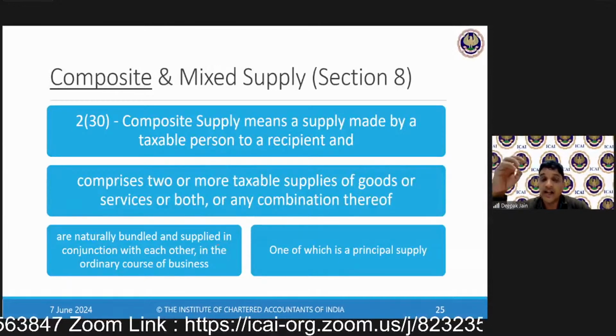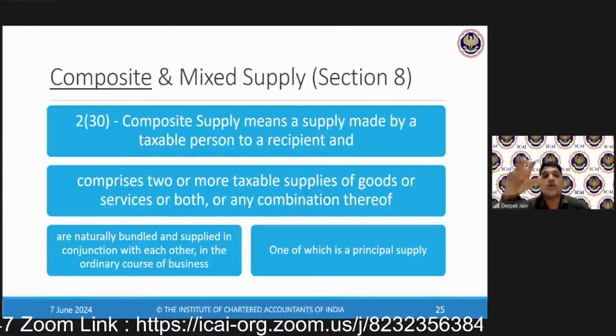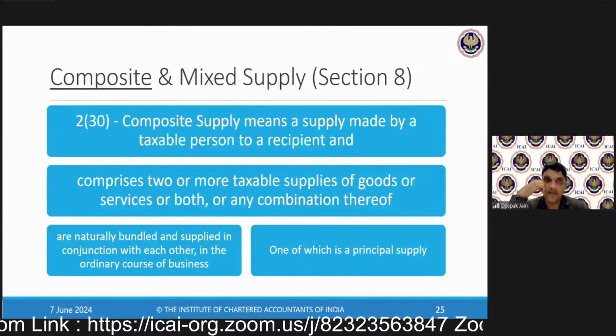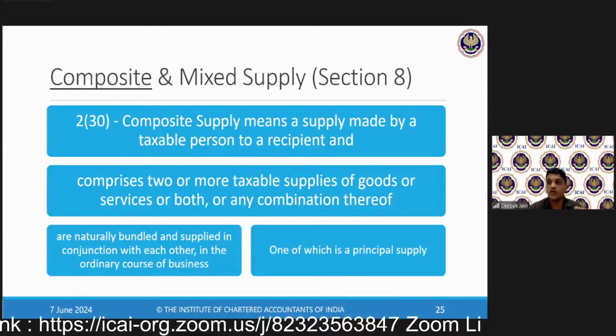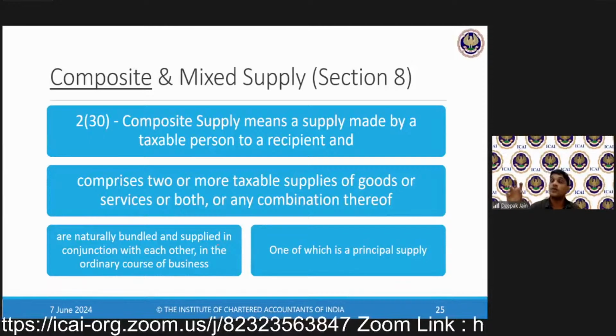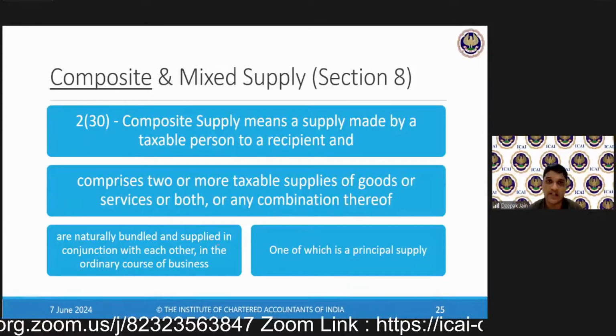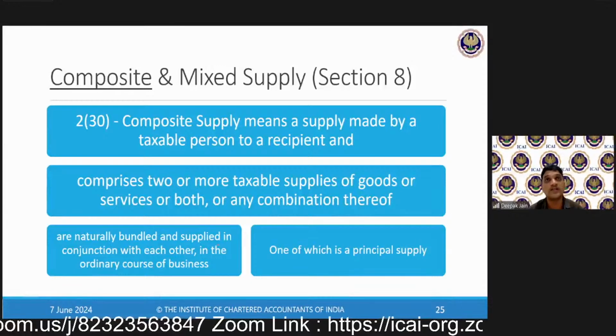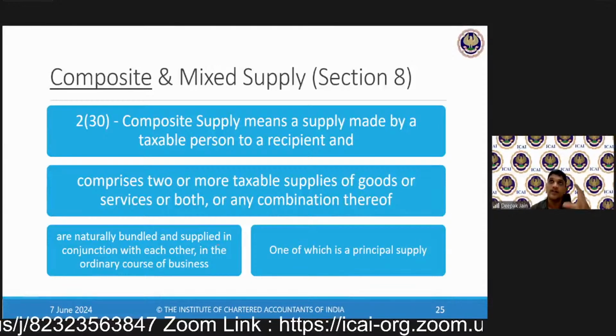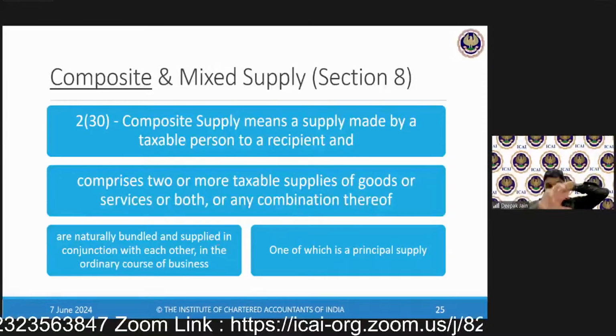the rate of the principal supply will apply for the whole of this composite supply. If I split this, if I do an installation of an old AC, then the installation person is providing me a service, he will charge 18%. But when I'm buying a new air conditioner, he will supply the air conditioner and do the installation.